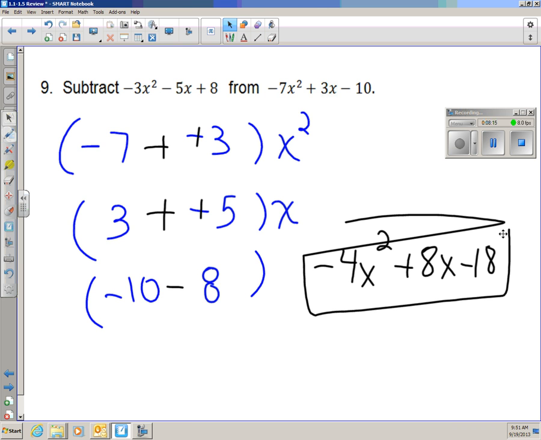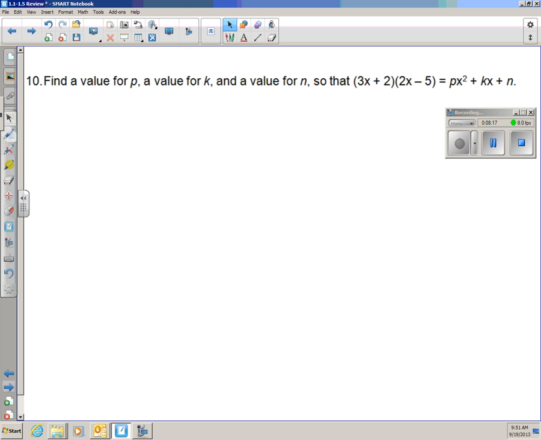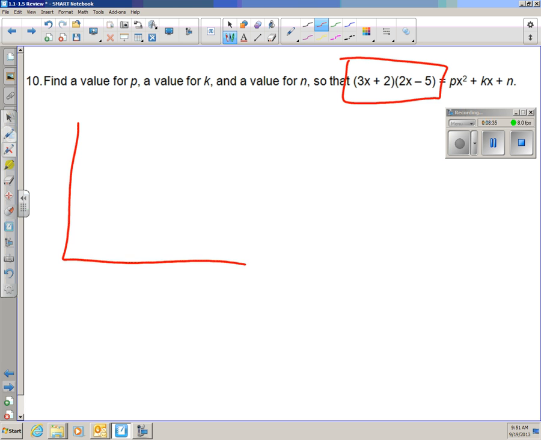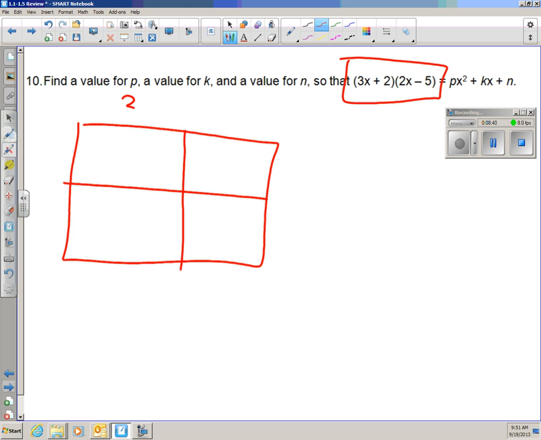Okay, next. Find the value for p, k, and a value for n so that 3x plus 2 times 2x minus 5 equals something. I'm only going to worry about this. Let's just multiply it out. I'll go for the area method, box method, lattice method, whatever you want to call it. 3x, positive 2. 2x, negative 5.